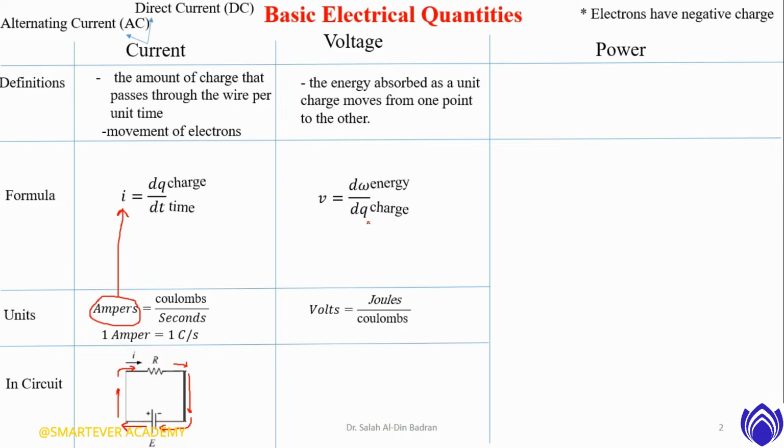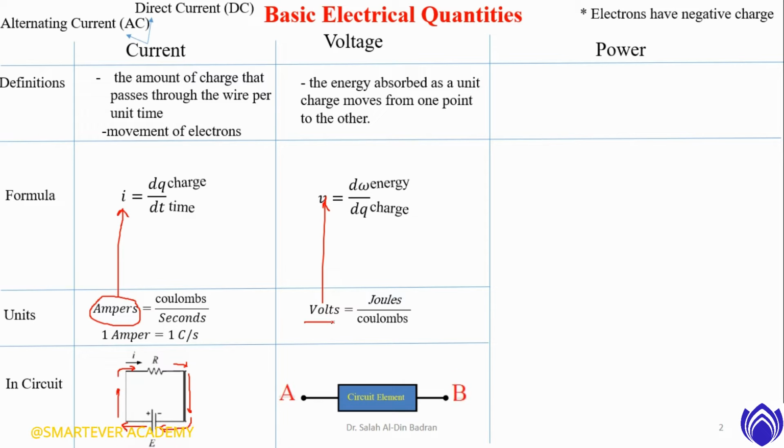The unit of energy is joules. We measure it in joules, the charge in coulombs. dW over dQ, joules over coulombs, gives us the unit of voltage. How do we measure the voltage? In volts.